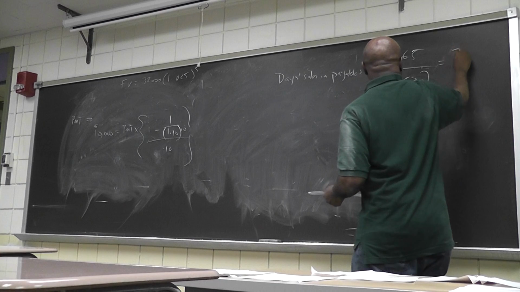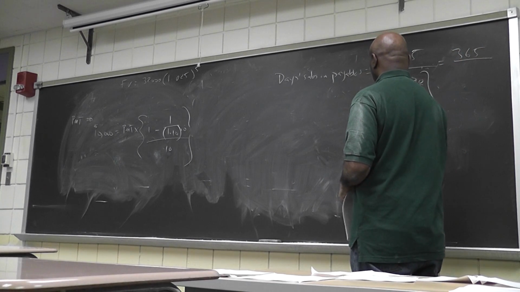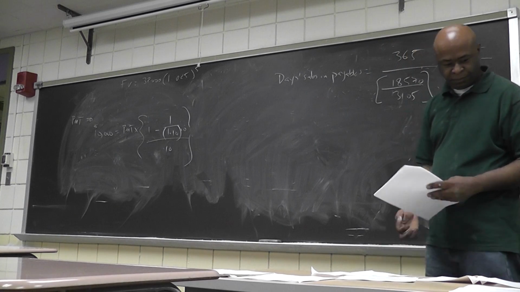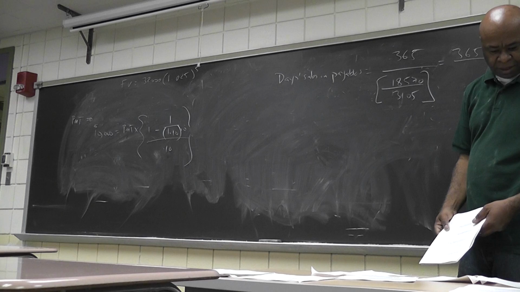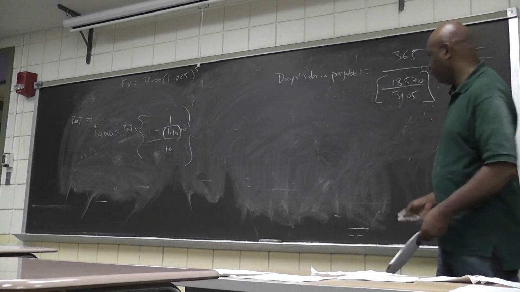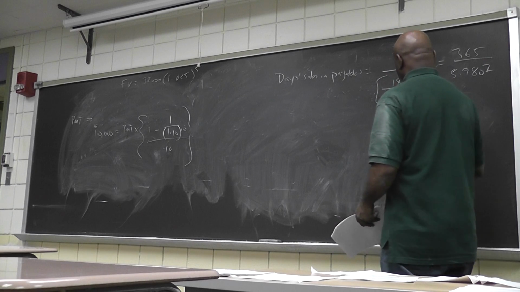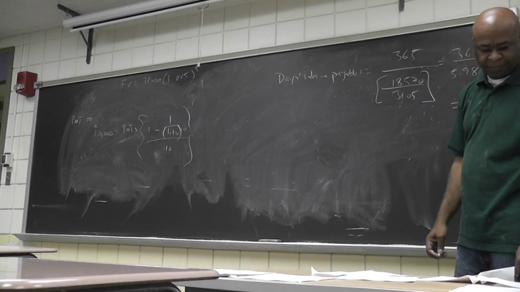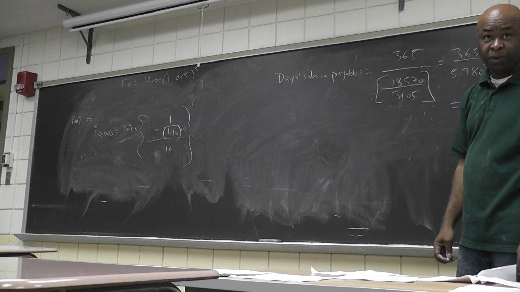And then we get 365 over the payables turnover. And then when I take the ratio between those two values, I get 61.03, right?